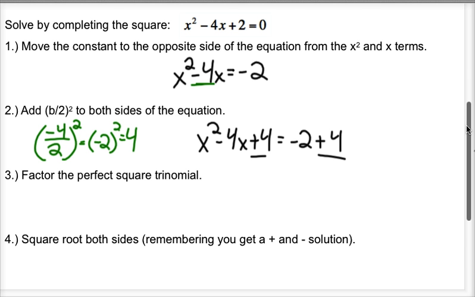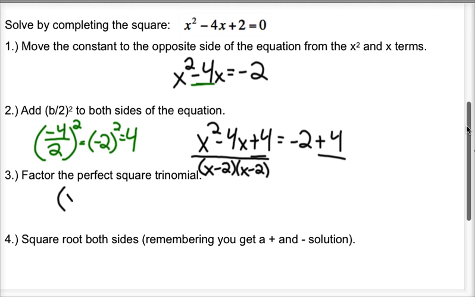So, step 3. We want to factor that perfect square trinomial. So we need to factor that now. And when you do, you should get that that is x minus 2, x minus 2. Right? Two things that multiply to 4 and add to -4.